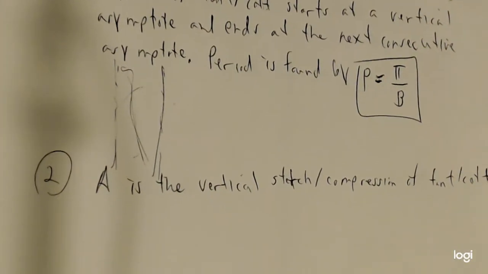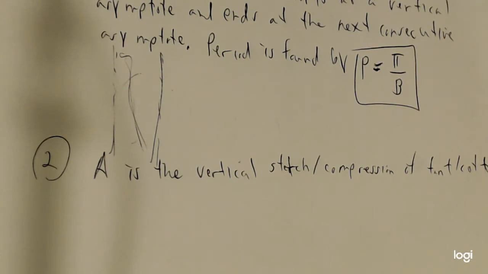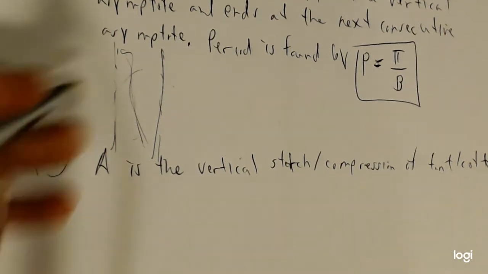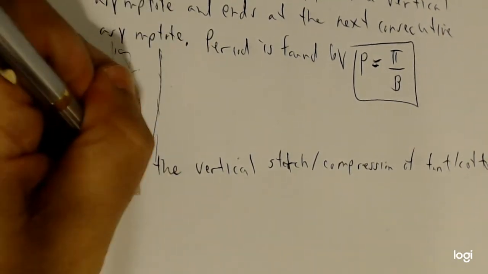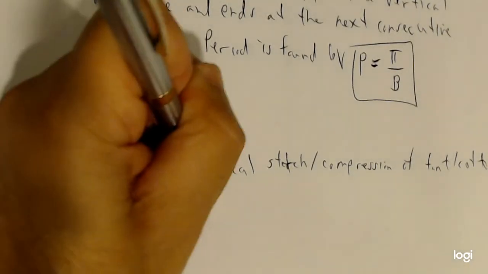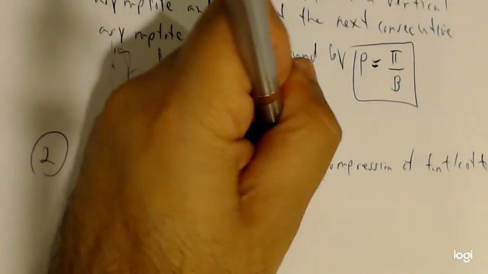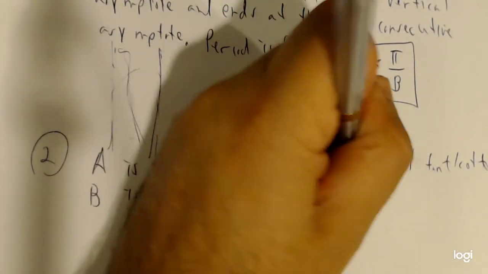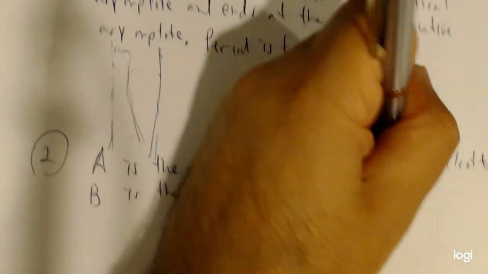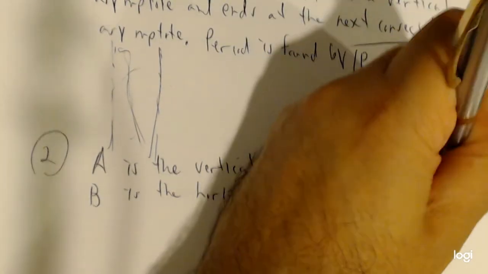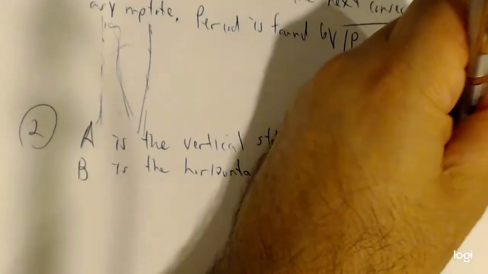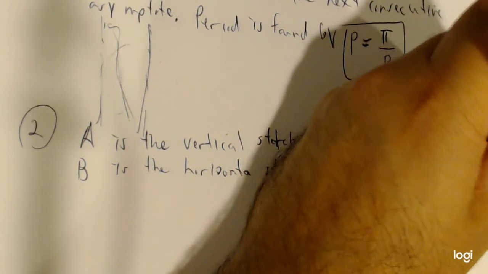And then B is the horizontal stretch or compression of tangent of t or cotangent of t.